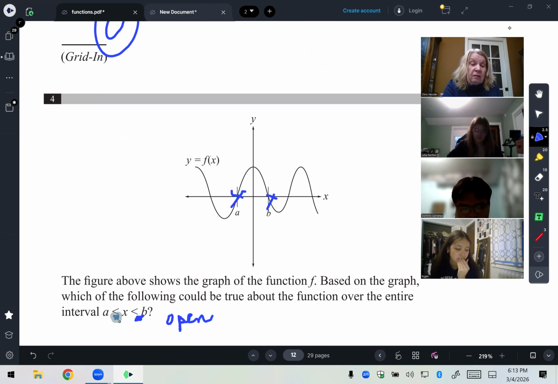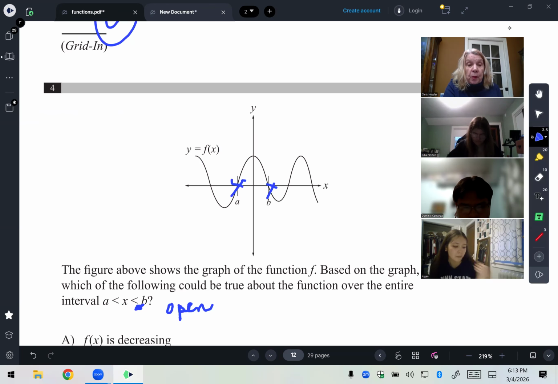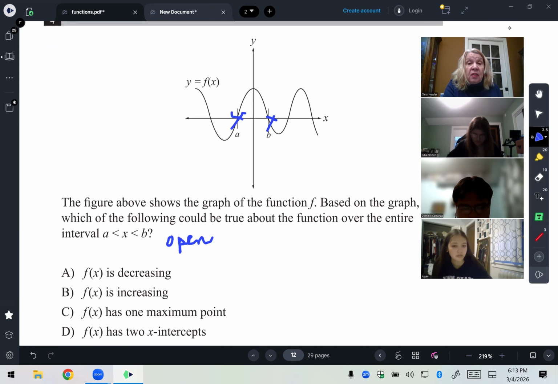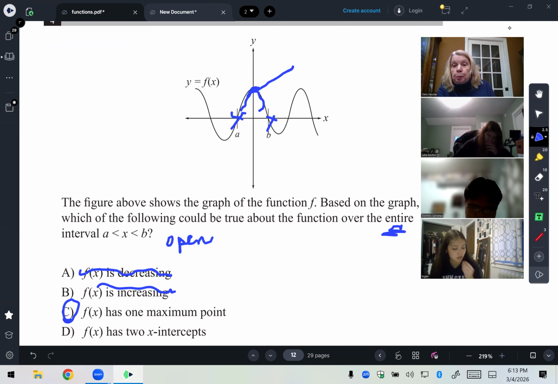So I just want to go over that fun fact. So here is f in this space, is f always increasing? No, it's not. It's decreasing in this part, and only increasing in that part. It has one maximum point, which would be up here. So that makes sense. Nodding heads, good.